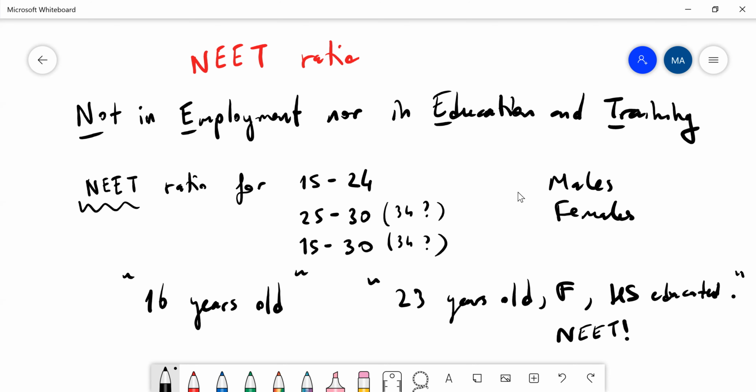So what are you doing? Why are you not a participant of the labor market? Why not college? Okay. So that's very important. And Turkey and many other developing countries record high NEET ratios. In Muslim countries, the situation is especially troublesome for young females. Okay. So that's certainly something we should think about.